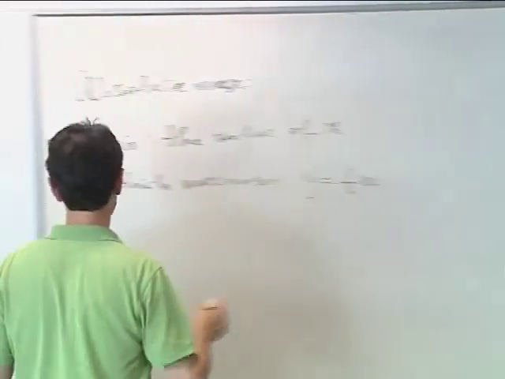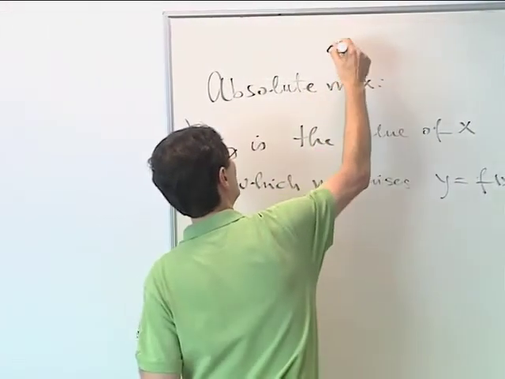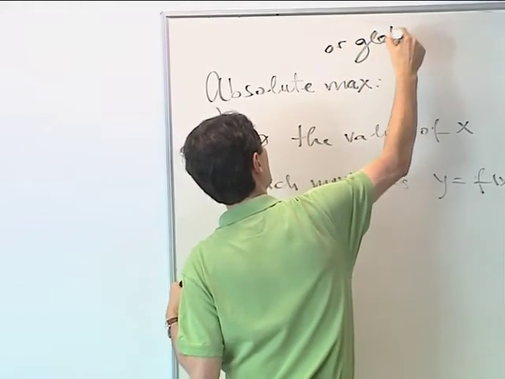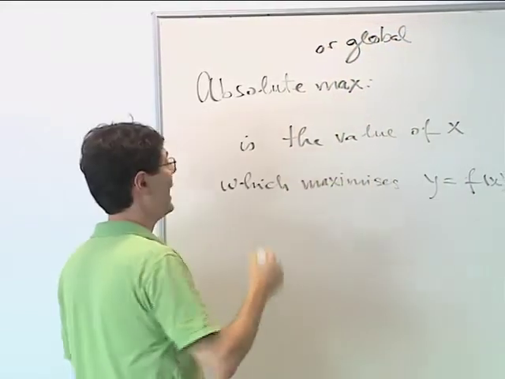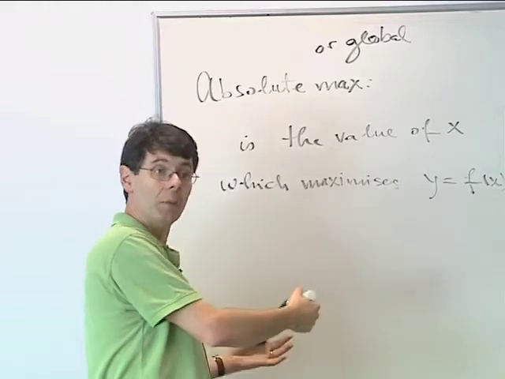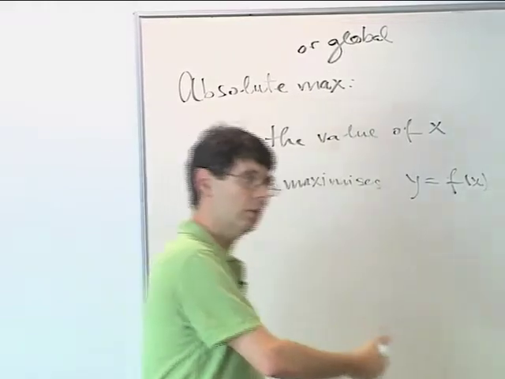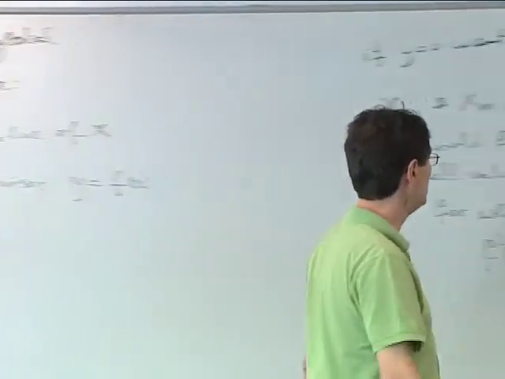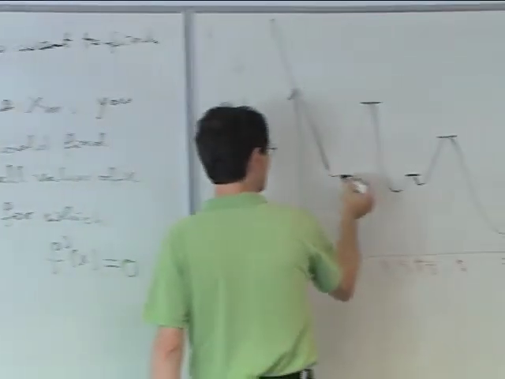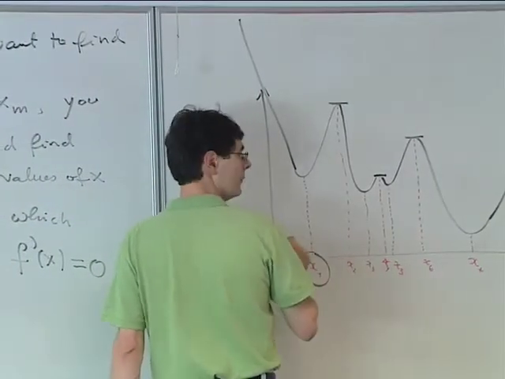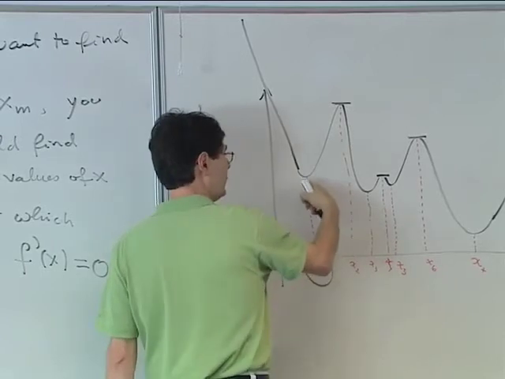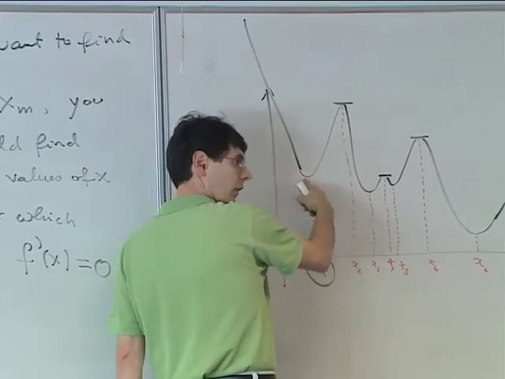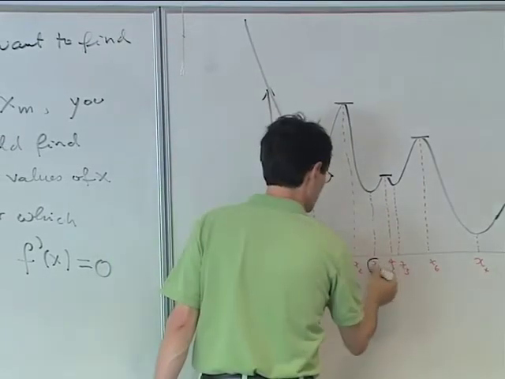And likewise, you have absolute or global minimum, and local minimum. So in here, this is a local minimum. This is a local minimum.